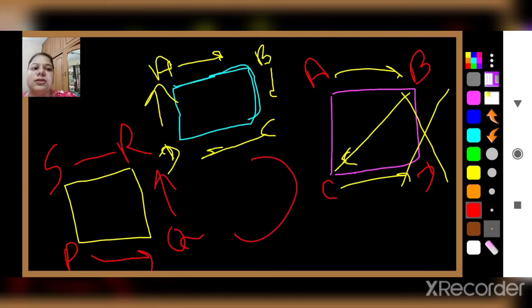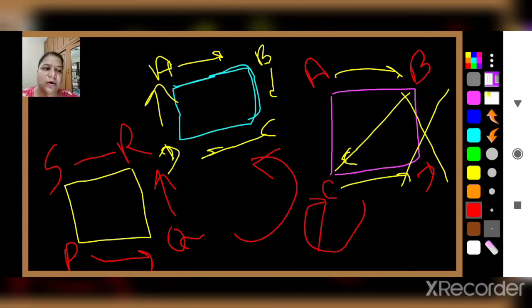Either I can move this way or this way. Clear? Clockwise or anti-clockwise, but I have to go from side to side. I can't go in between.